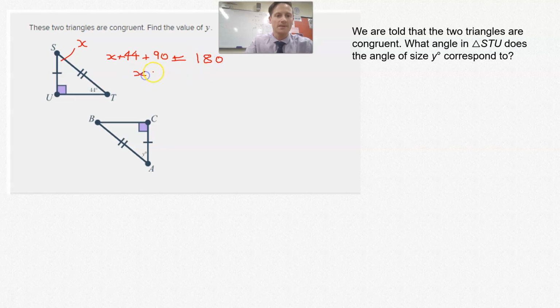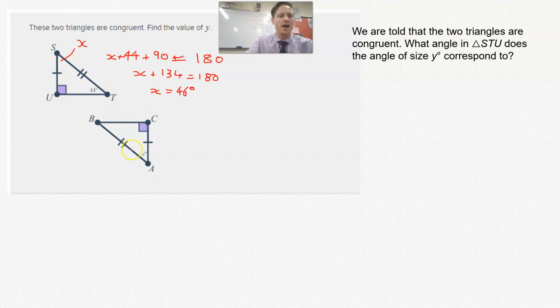Then x plus 44 plus 90 is 134 equals 180. So x equals 180 subtract 134, which is 46 degrees. So we know that that is now 46 degrees.